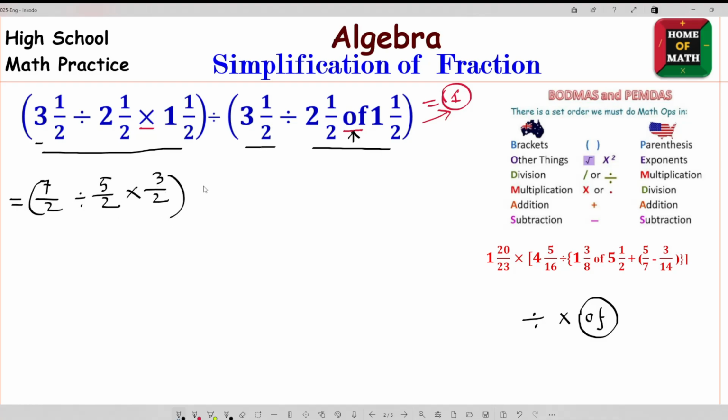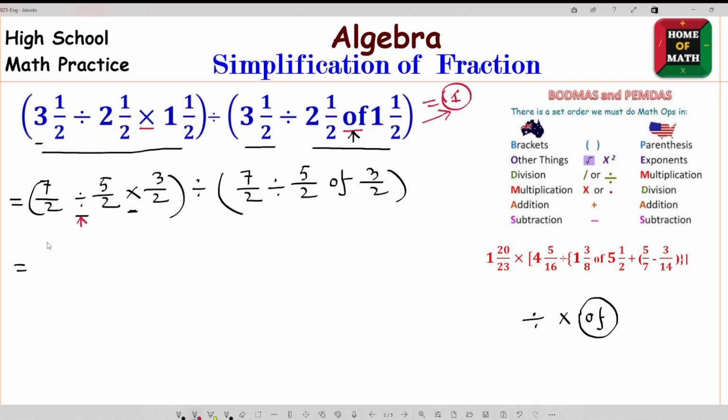Okay, bracket closed. Then divide; here is also the same thing, 7/2 ÷ 5/2 of 3/2.